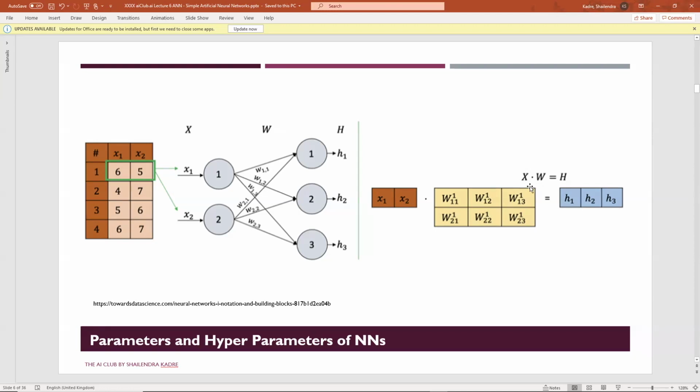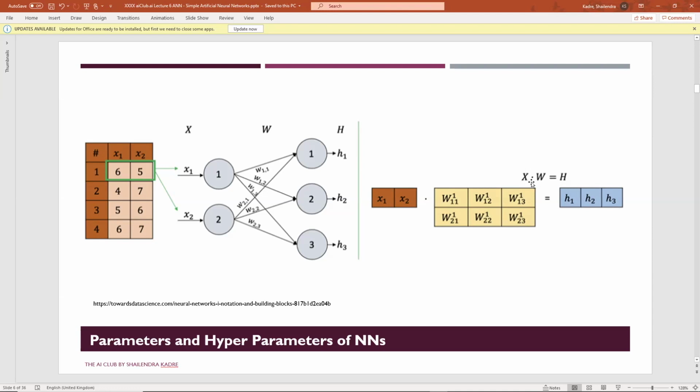Capital W is nothing but a matrix of 2 rows by 3 columns. And input is also a vector x1, x2, only 2 units. So how we get the output? See vector notations.